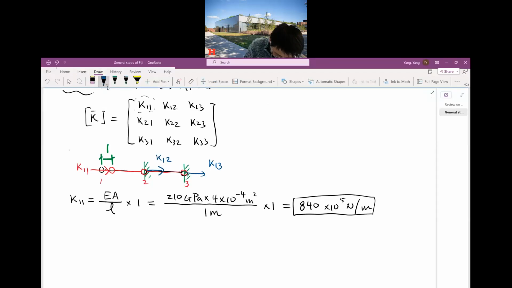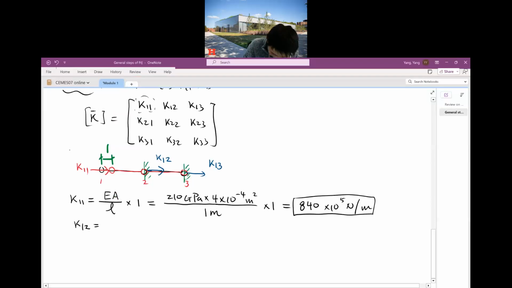And so in this case, K1,2. And if we assume the K1,2 is in the same direction as the positive direction, but we know the K1,2 will be a negative value, right?